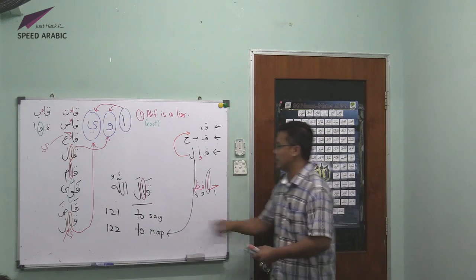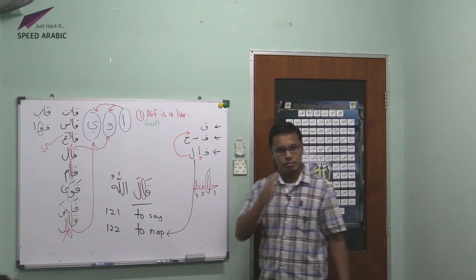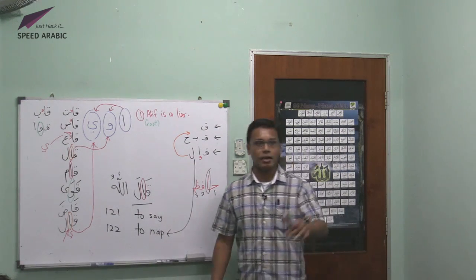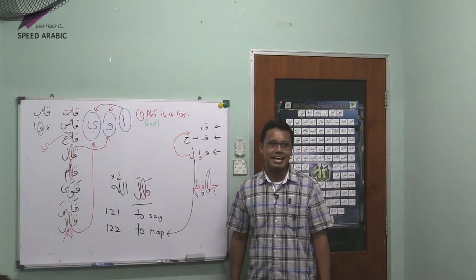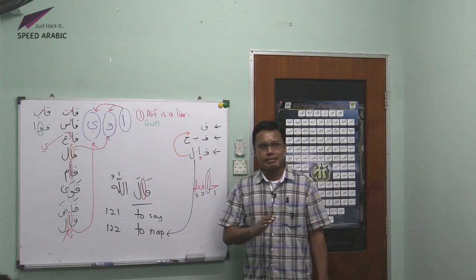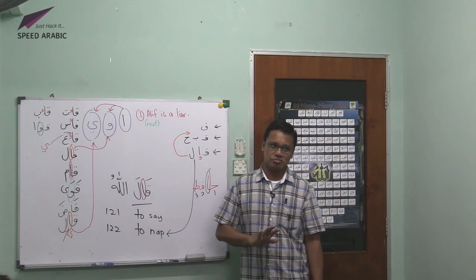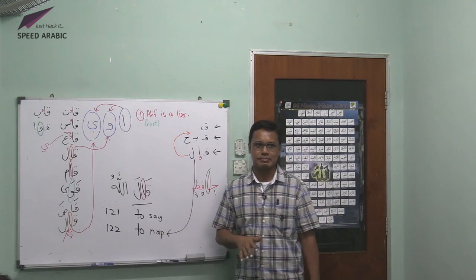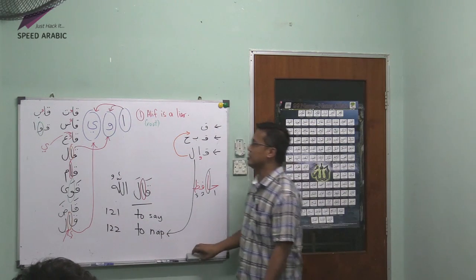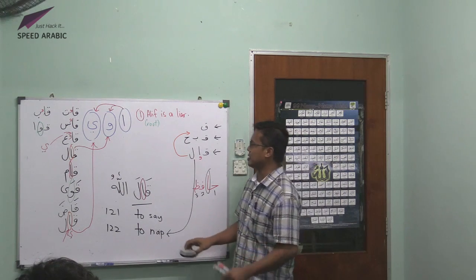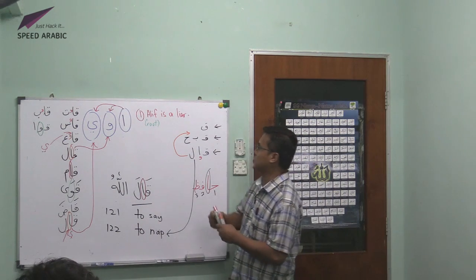Waw and ya can also be liars, but alif is a definite liar. It's the ultimate liar. Waw and ya, sometimes they lie, sometimes they don't. It depends on the situation. We will go to waw and ya later. Now we will go to point number 2.